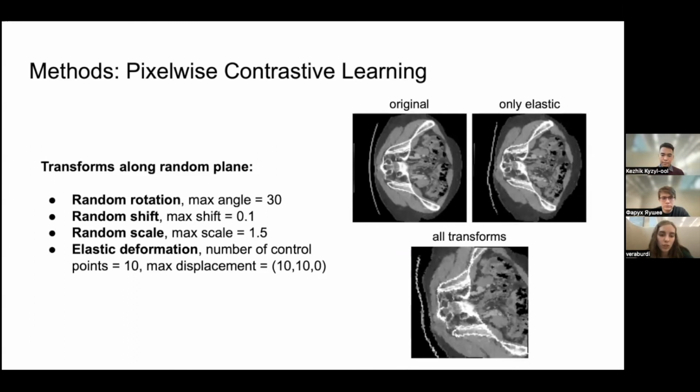We use random rotation, random shift, random scale, and a transform that wasn't used in previous papers, elastic deformation. Here you can see the original image and the result of applying only elastic deformation, just to see how it looks. And here you can see an example of all random transforms applied to the original image.